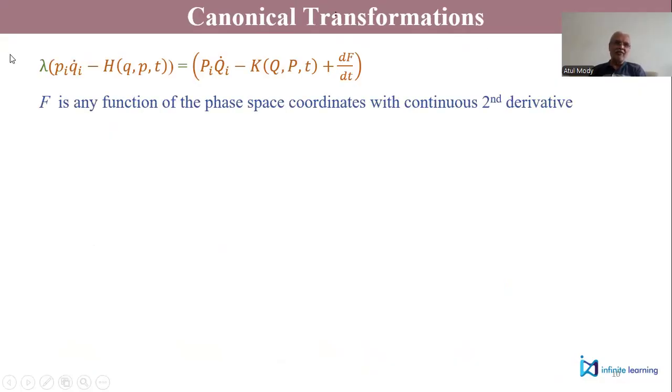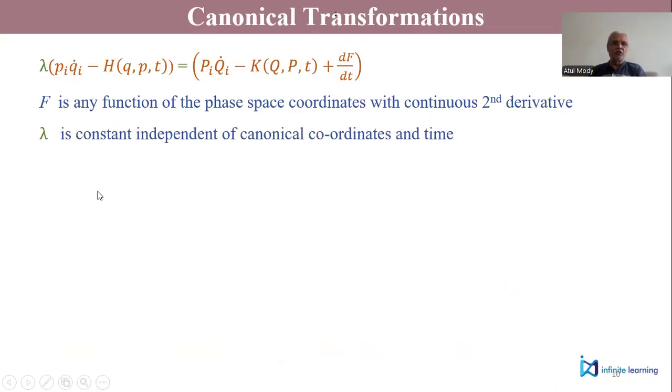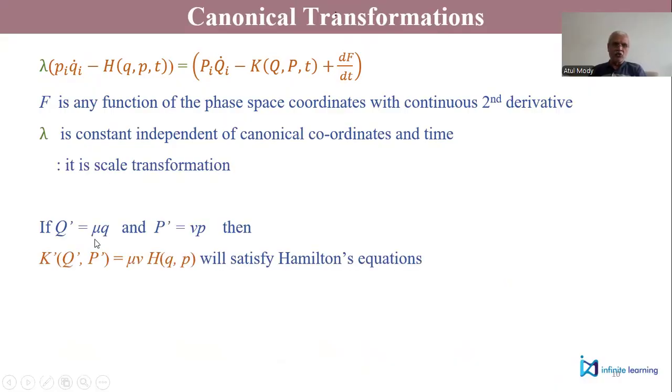Now, this lambda which we have taken is actually called the scale factor. For example, if you take new coordinates to be mu times old coordinates and new momenta to be mu times old momenta, then your new Hamiltonian will be mu times the old Hamiltonian. So this mu plays the role of your lambda.